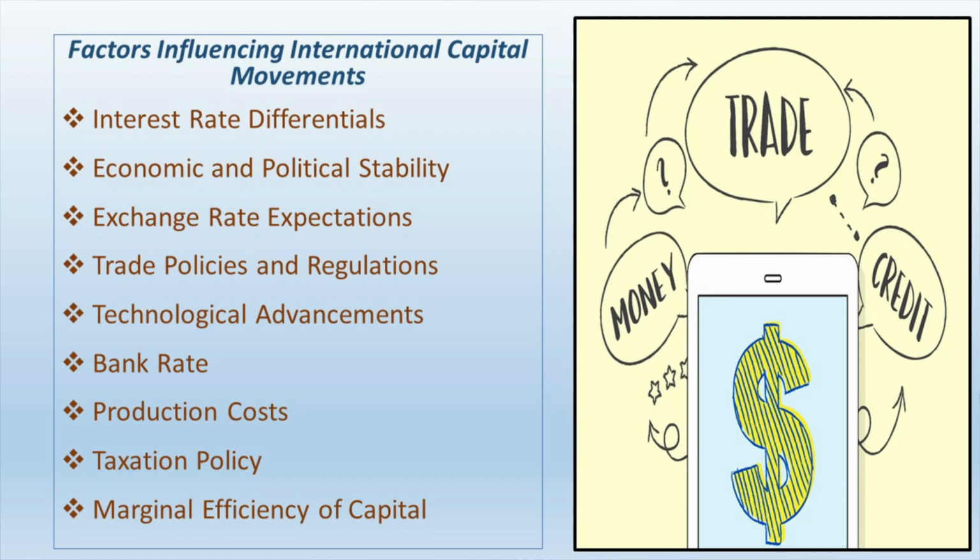Along with the above factors, taxation policy is also considered an important factor that affects the international movement of capital from one country to another. So the taxation policy of a country also affects its inflow of capital. To encourage the inflow of foreign capital, the taxation policy should avoid double taxation.